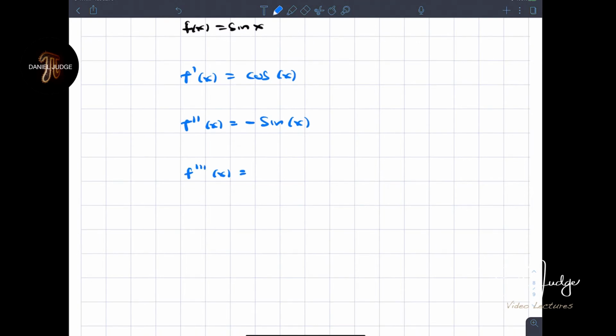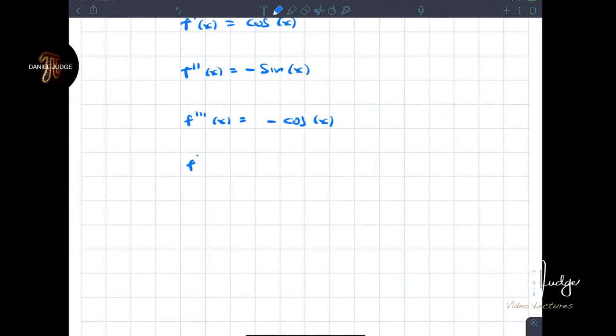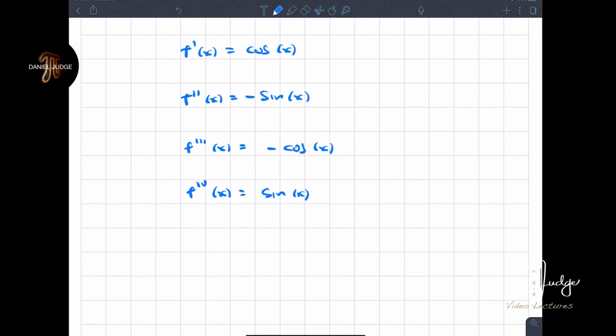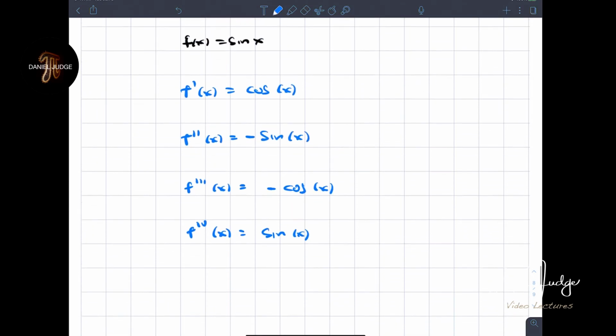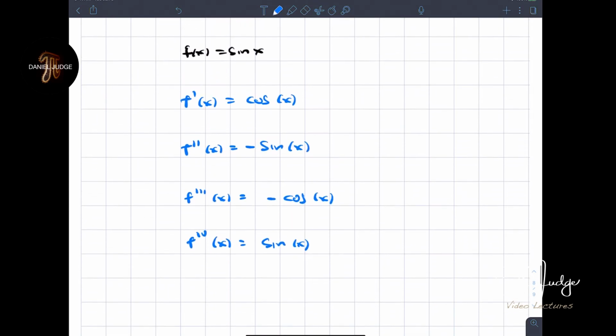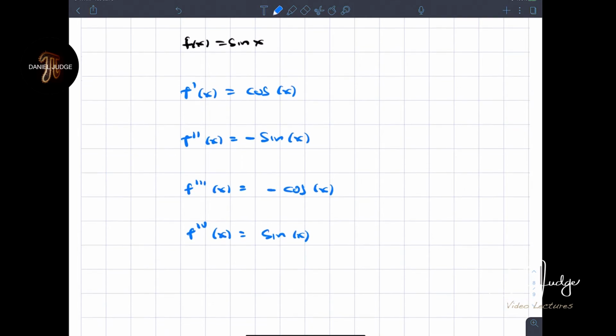Third derivative, derivative of minus sine, so derivative of sine is cosine, that's minus cosine. Fourth derivative, derivative of minus cosine, derivative of cosine is minus sine, so it's minus the minus, that's going to be sine again. And let's double check. Start with the function, first derivative, second derivative, third derivative, fourth derivative. Okay. So you're starting back all over again.